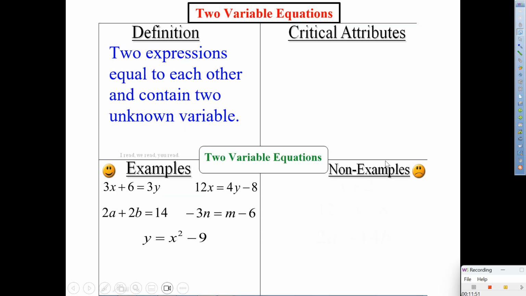Non-examples. As you're copying those, think about it. Why are those not two variable equations? Tell your neighbor why those three are not two variable equations, please.